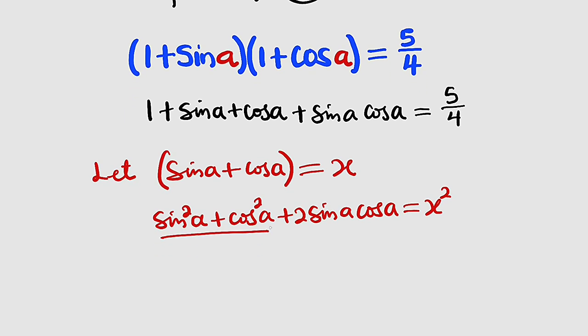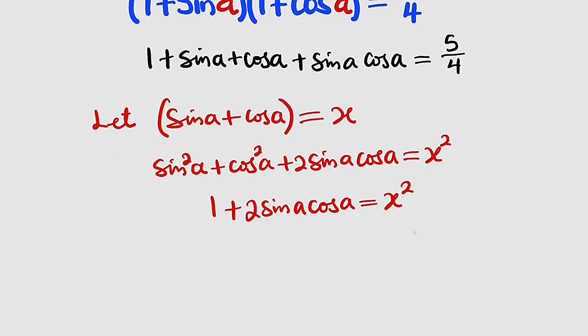And remember, this is a famous identity. Sine squared of an angle plus cosine squared of the same angle will give you 1. So this is 1 plus 2 multiplied by sin A cos A equal to x squared. Let's take 1 to the other side and divide both sides by 2.